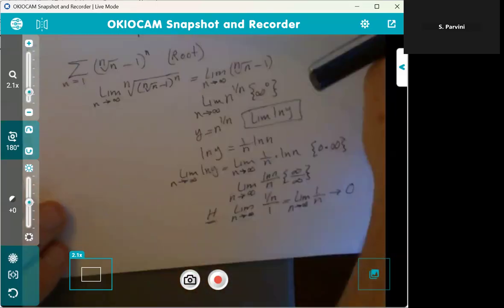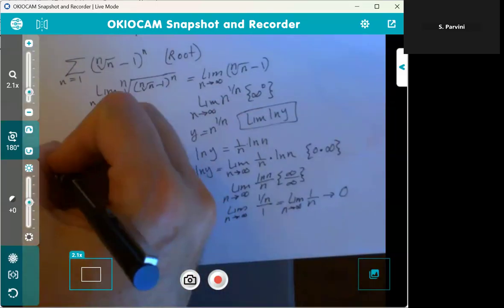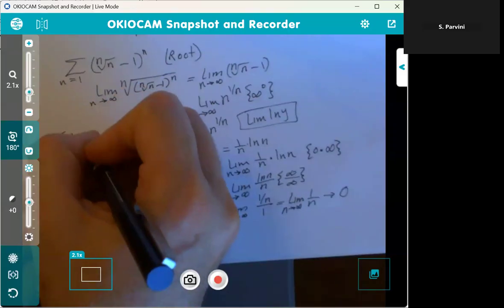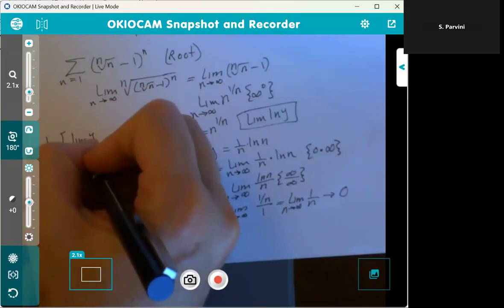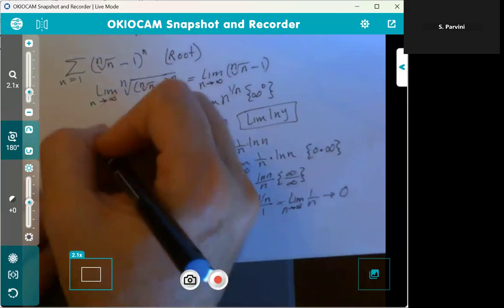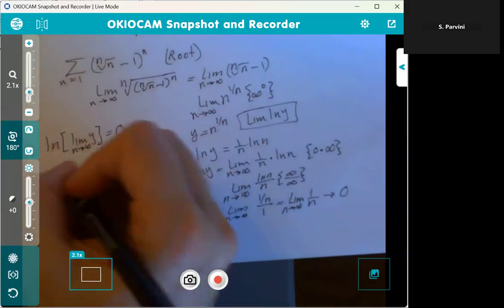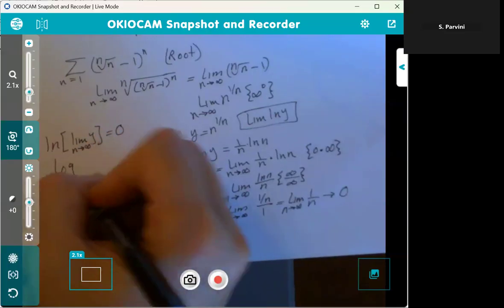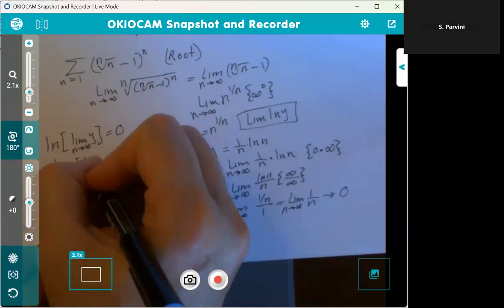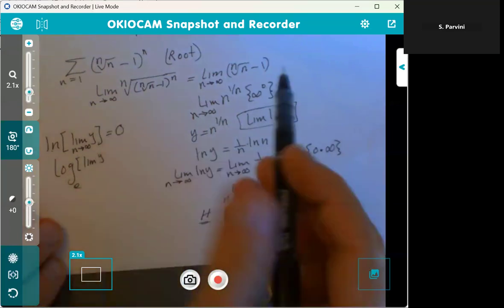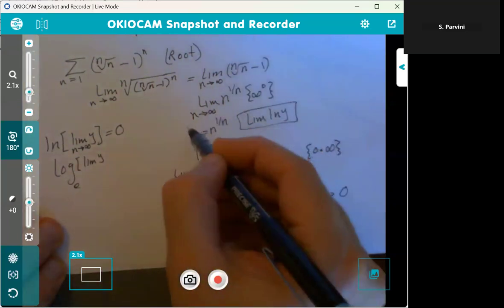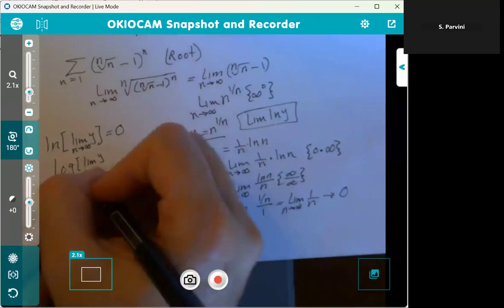And remember, we can say that's the natural log of the limit of y as n goes to infinity, and that turned out to be 0. The natural log is log base e of the limit of y, where y is the original function.